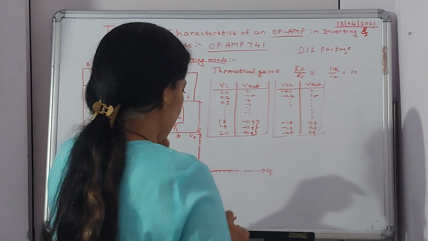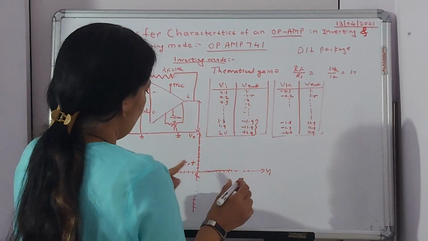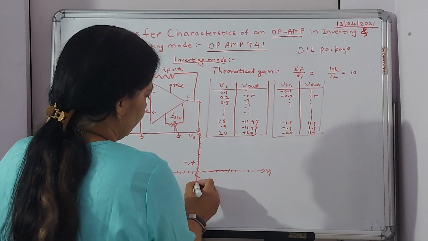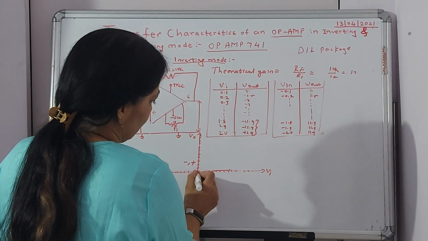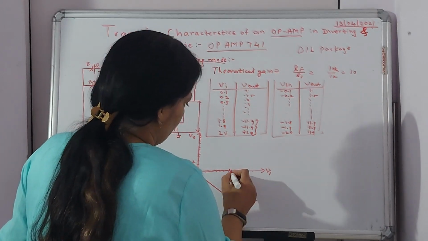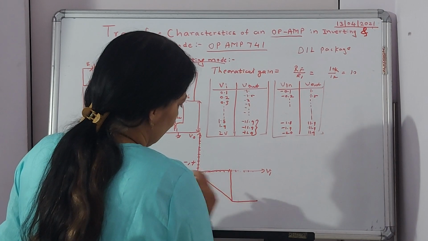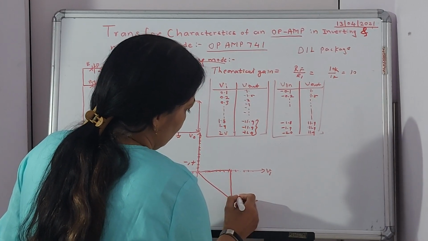So in this case, what are my quadrants? Basically, this is plus minus. So plus minus, where will I be? In the 4th quadrant. Right? So my graph will be somewhat in this quadrant. So over here, and then saturation. So this point is very critical, this is my V saturation minus.